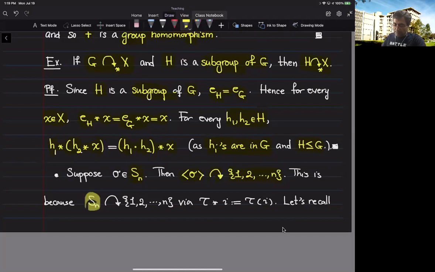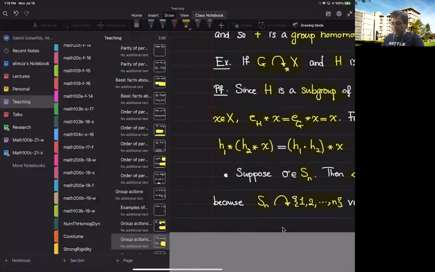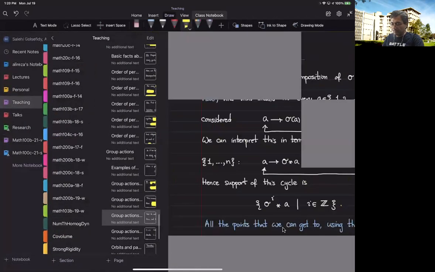Again, because S sub n acts on this set via this star action, which is simply applying the function tau on the point i, we get an action of this cyclic group on this set.